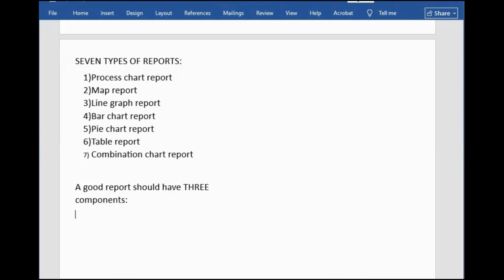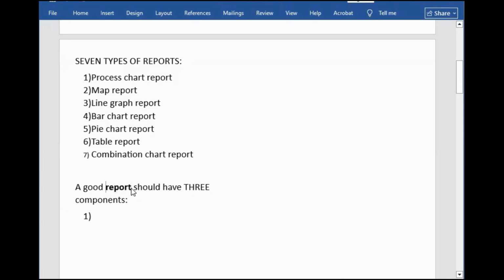What are the 3 components? Let me see who has been following my classes. Let me see who participated in our previous class. What are the 3 components of a good task 1 report? I want you to type in the Zoom chat.